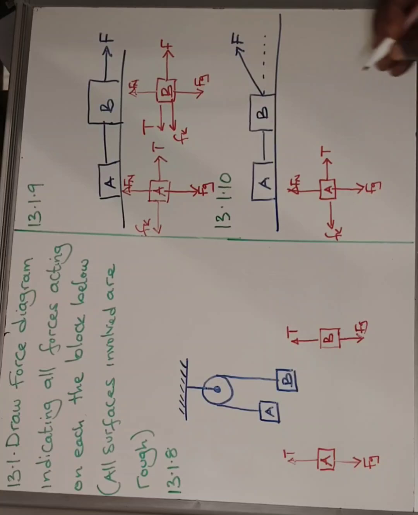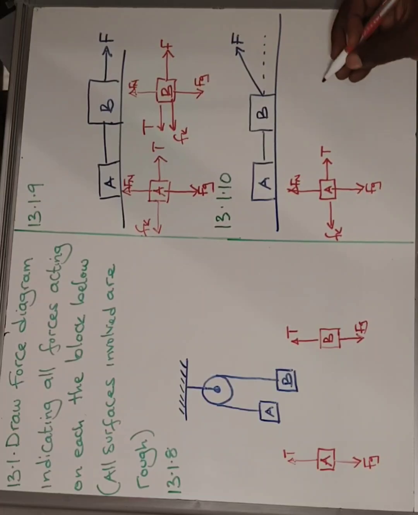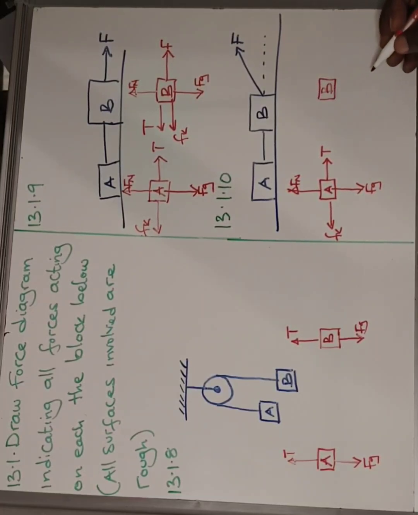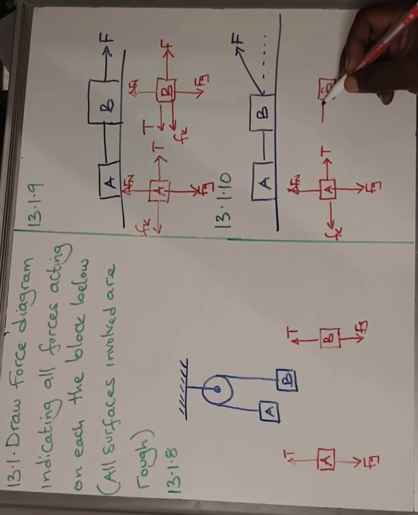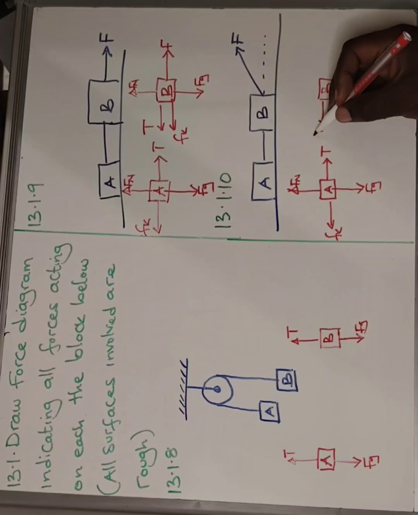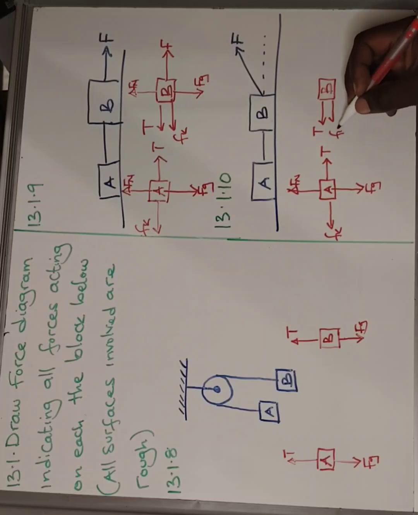So we go to our B. What do we have for B? We know the string which causes our tension. The surface is rough, so it brings in Fk.